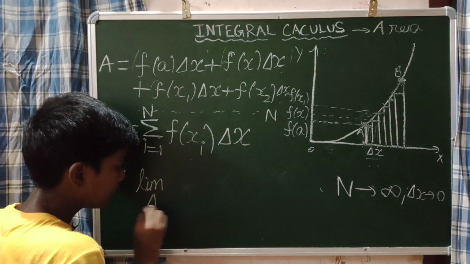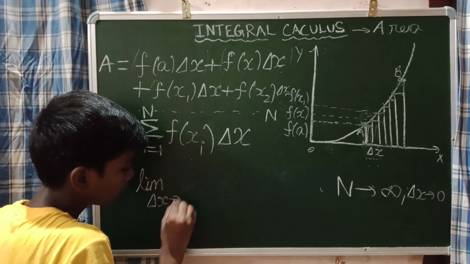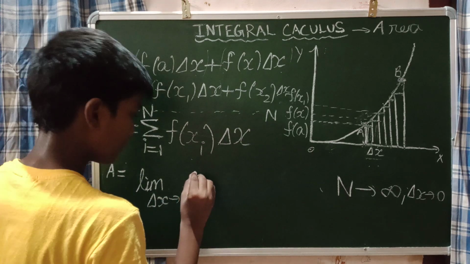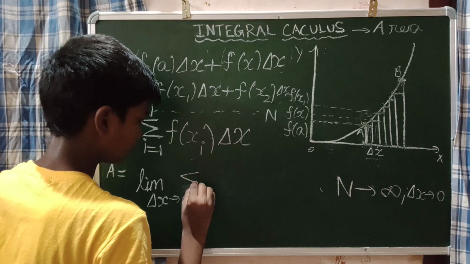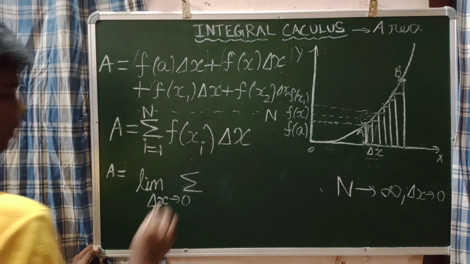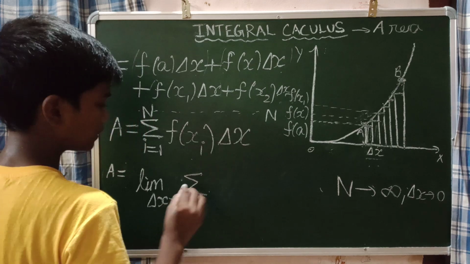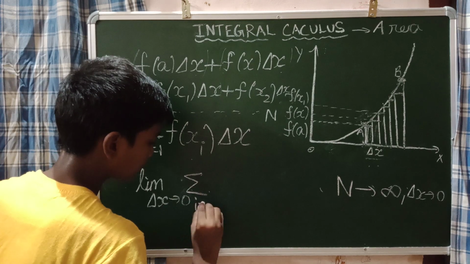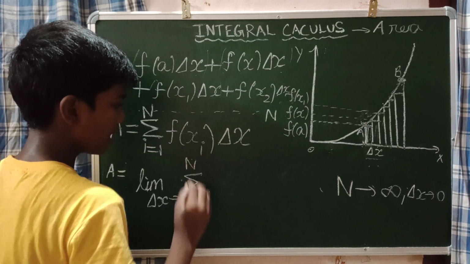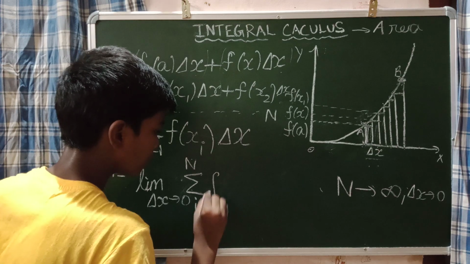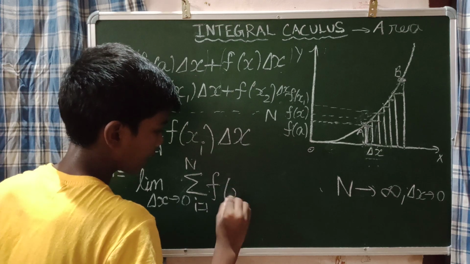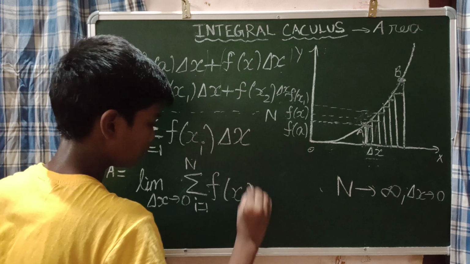So I am writing delta x tends to 0 of the summation, from the first part to the nth part, of f of x_i times delta x.